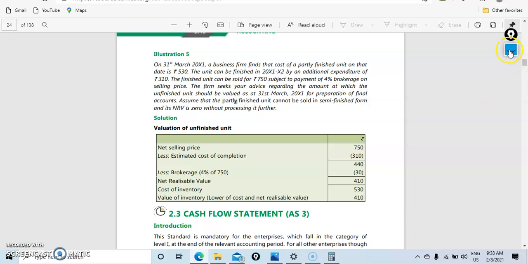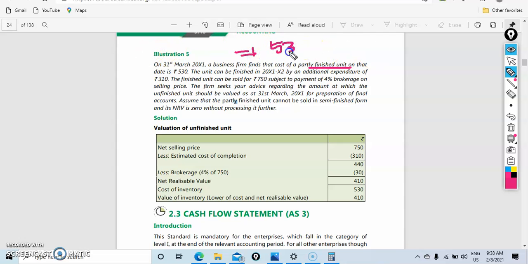In this question, the same process as the first question applies here also. They're giving a partly finished unit. That means manufacturing is not completed, it was stopped in the middle. We incurred 530, and if we want to finish, we need another 310 rupees.